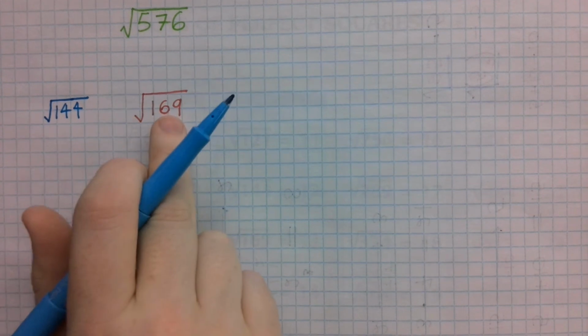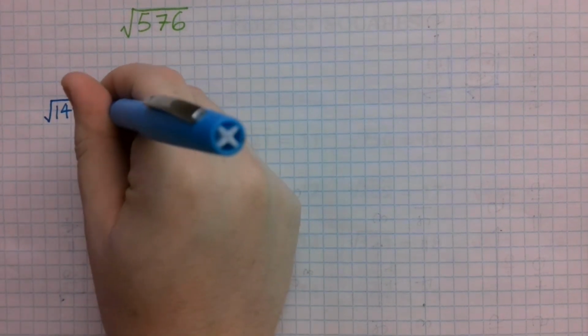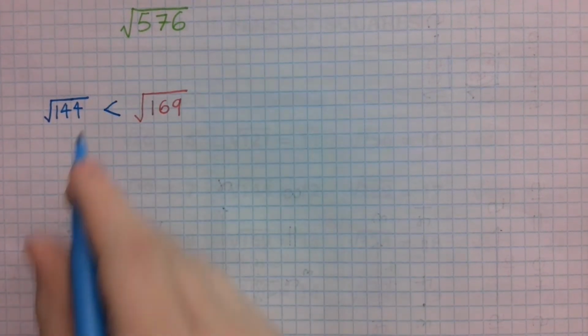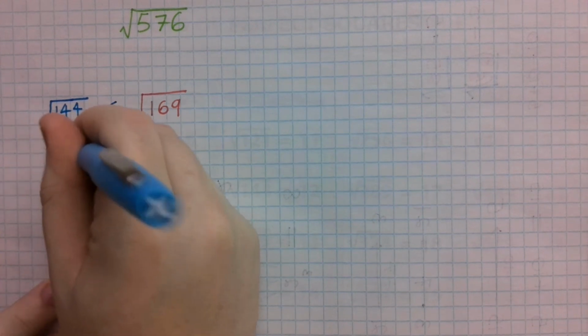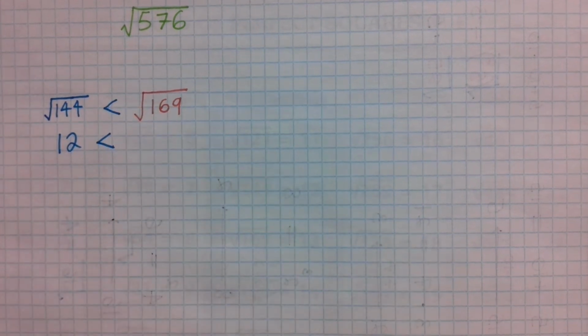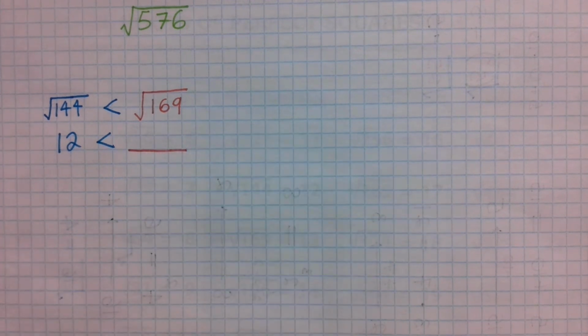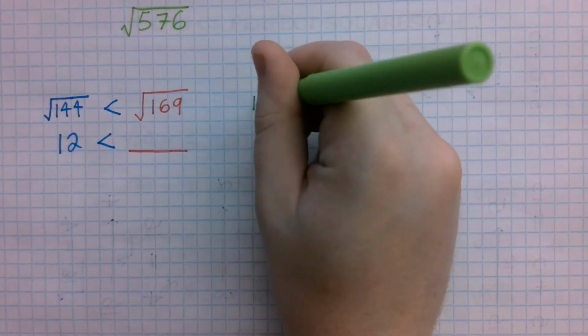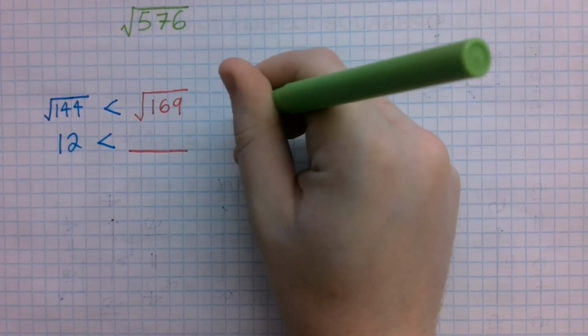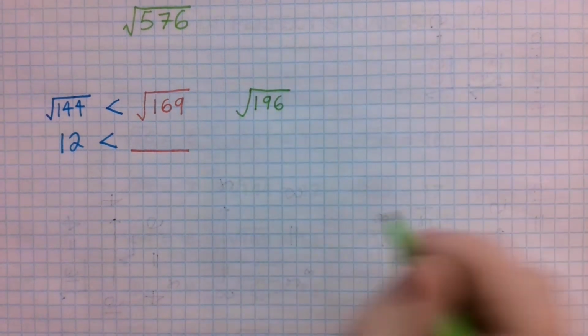Since 144 is less than 169, we also know that the square root of 144, which is 12, is less than whatever the square root of 169 is. You may also know, and this one's a little bit harder to really say if you know or not, that the square root of 196 is 14.